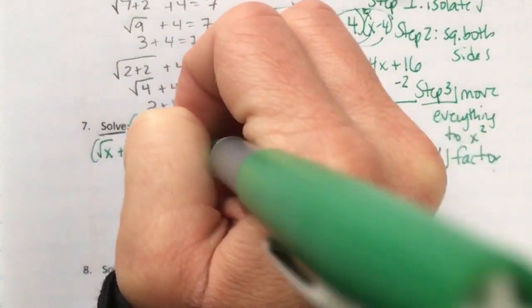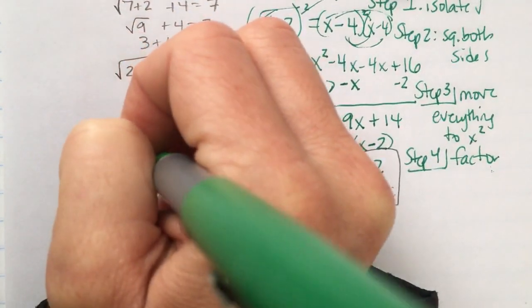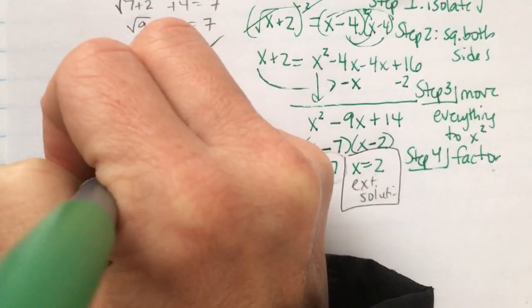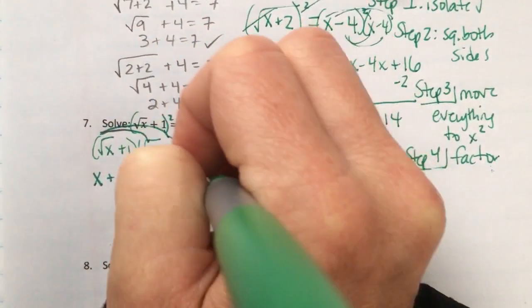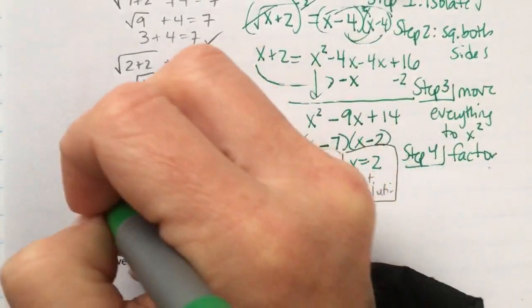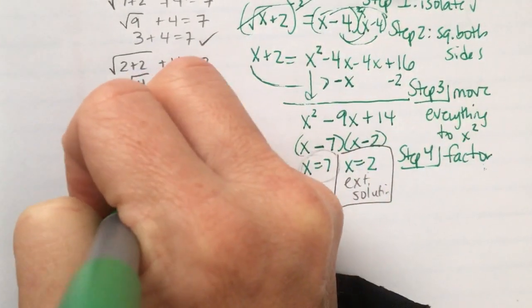Square root and the square cancel on that side. Then I'm going to lobster claw. Square root of x times the square root of x is just x, because the square roots cancel out. And then I get plus the square root of x plus the square root of x plus 1 equals x plus 4. Here your x's cancel, because if you move it to the other side you would subtract it and it cancels out. So I've got 2 square root x.